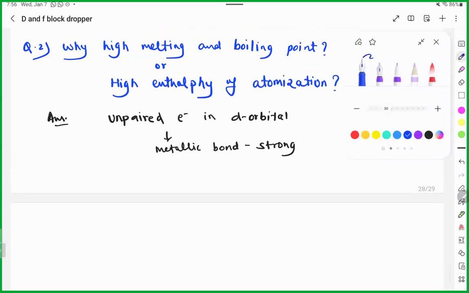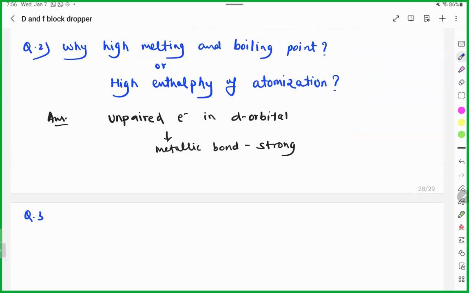Barinder, why are zinc, cadmium, and mercury soft? Paired electrons. Yes. The reason is the same. We said more unpaired electrons mean strong metallic bond, high atomization enthalpy, high melting point and boiling point.